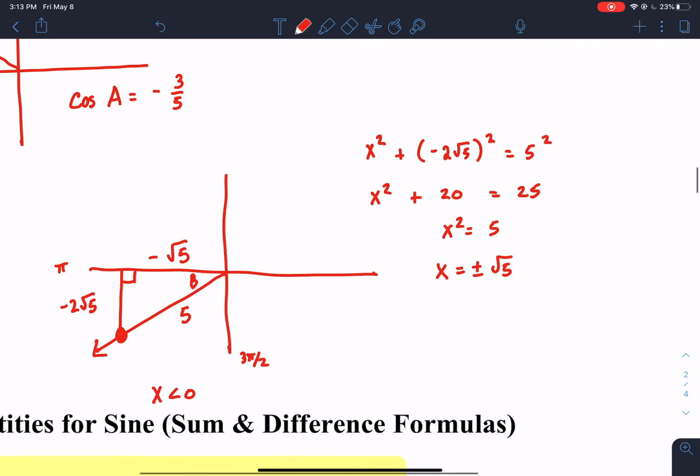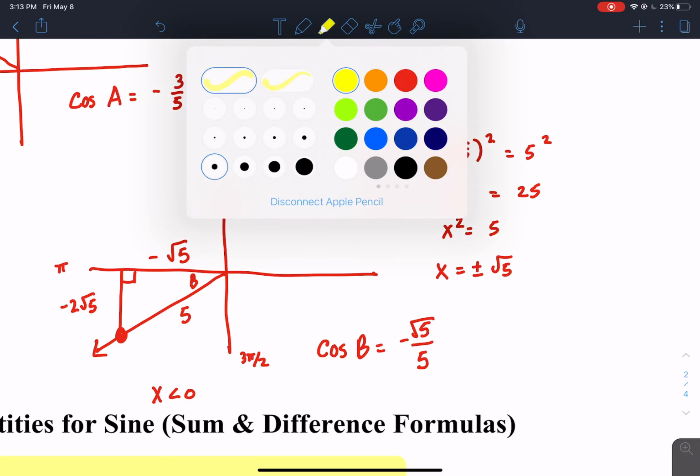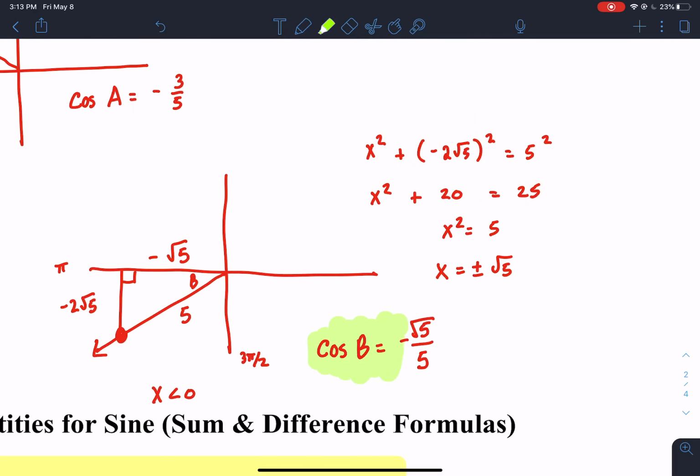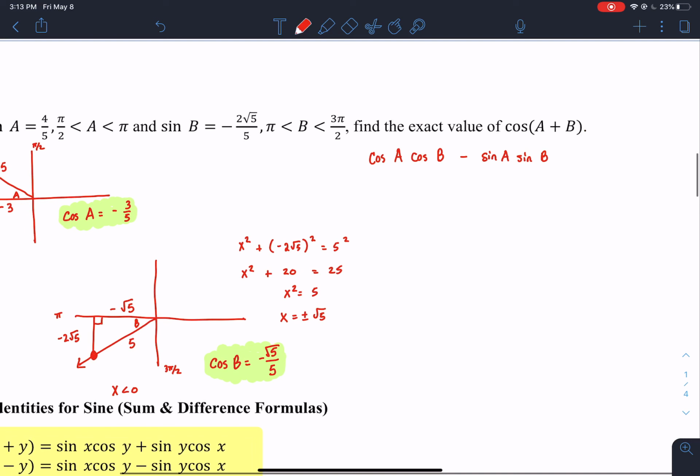Okay, so what is now cosine of b? That's going to be the x term over the radius. All right, so I'm going to need this, and I'm going to need that to solve my problem.